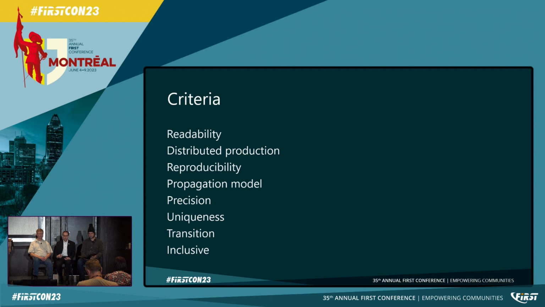How do we avoid collisions there? Is it reproducible? If I create a name today, would it be the same name tomorrow? How do we propagate that? If I name something, how do you know that I assigned that specific name to the thing? How precise is it?